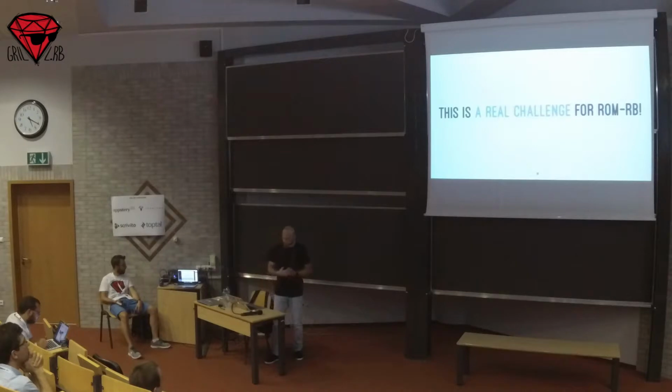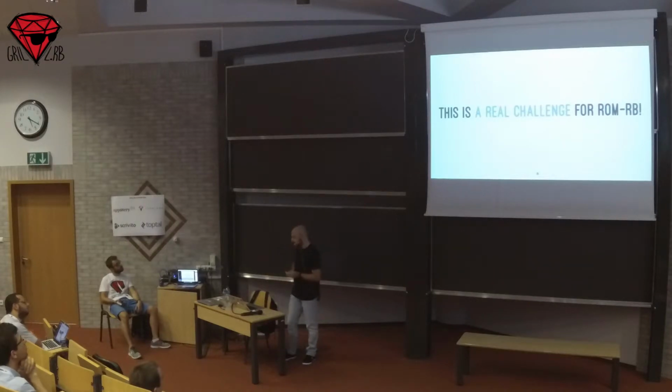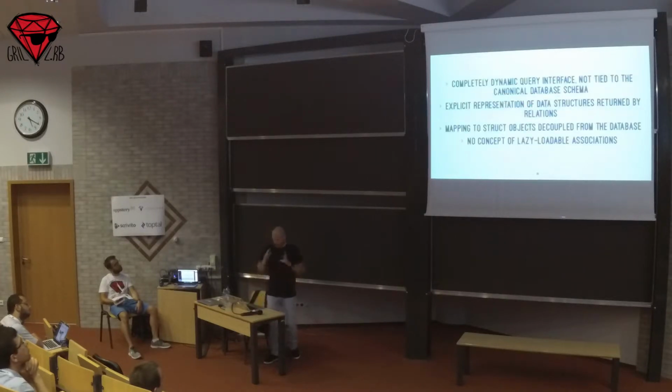Now, back to ROM, this is a real challenge for ROM, because ROM is a different library. There are a bunch of, actually a lot of reasons why it was a challenge for ROM, but here are the most important ones. So the first one is that we have dynamic queries.